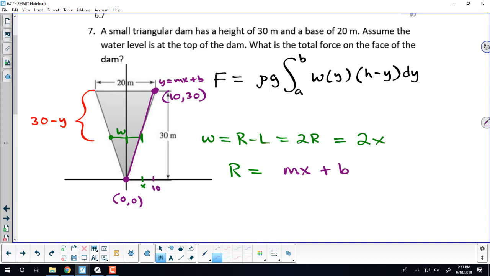Did you guys get 10? Okay. So our slope is 30 over 10, or 3. In other words, y is 3x.